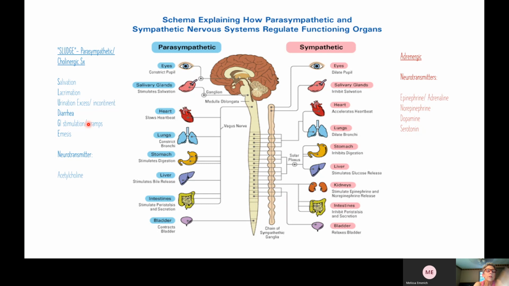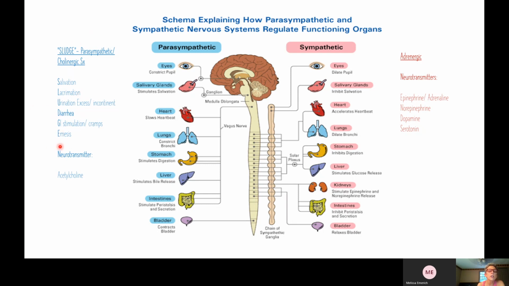So if you know what those symptoms are when your parasympathetic is stimulated, and you take an anticholinergic, you're going to get all of these in the opposite. So instead of a lot of salivation, you're going to be dry. When the cholinergic system is stimulated, you get lots of fluids, okay?